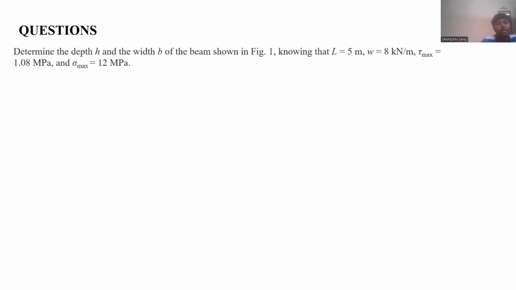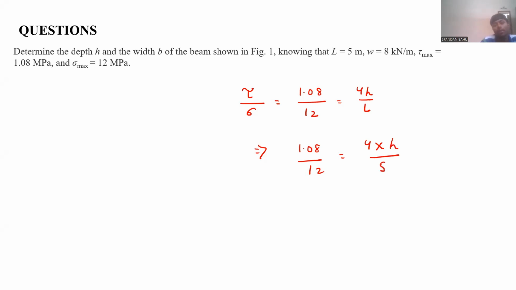So right now we have tau upon sigma equal to 4H by L. So just substitute 1.08 by 12 equal to 4H upon L. So 1.08 upon 12 equal to 4 into H upon 5. So from here, what will be the depth H?